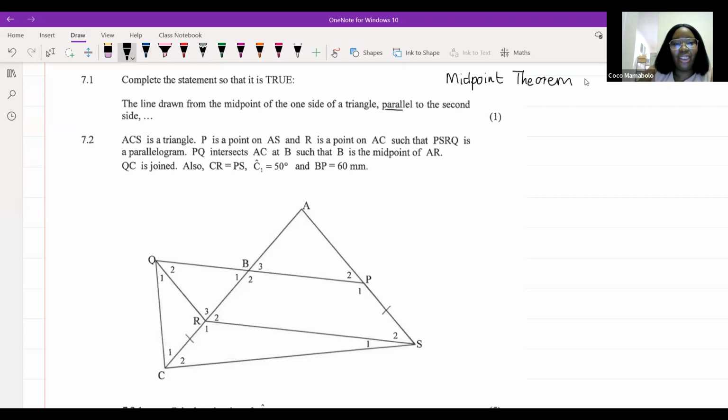Yes, Naledi, beautiful, 100%. Most people remember how to use the midpoint theorem. They don't remember what it says. Correct. The line drawn from the midpoint of one side of a triangle parallel to the second side bisects the third side.